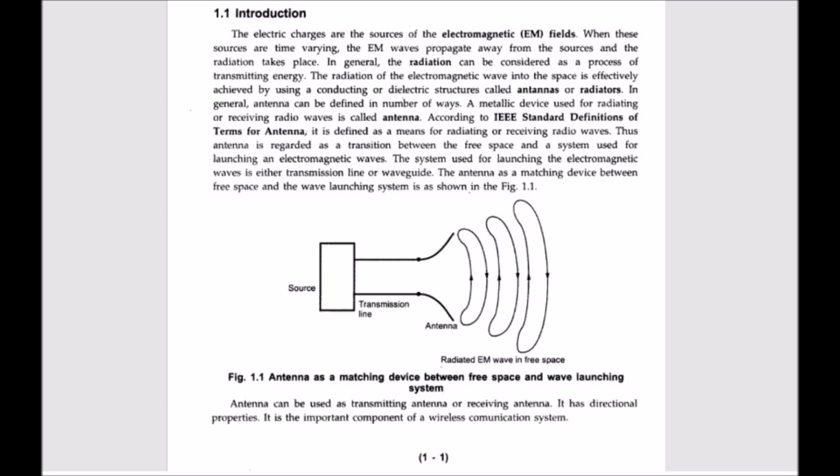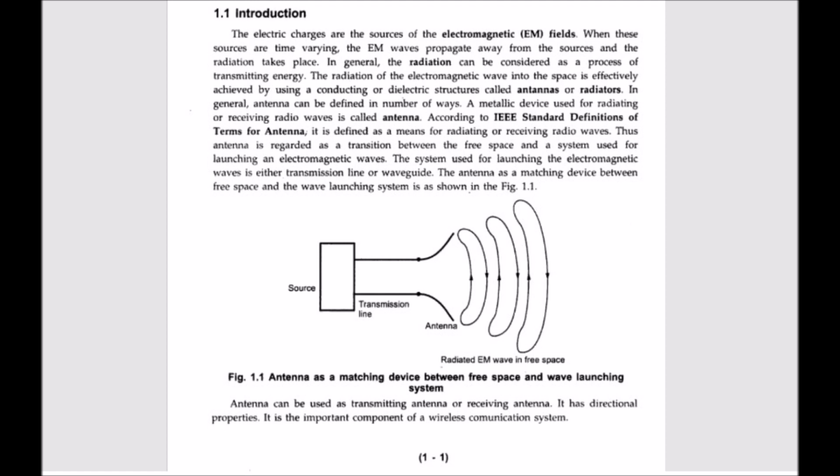The radiation of the electromagnetic wave into the space is effectively achieved by using conducting or dielectric structures called antennas or radiators. In general, antenna can be defined in a number of ways.